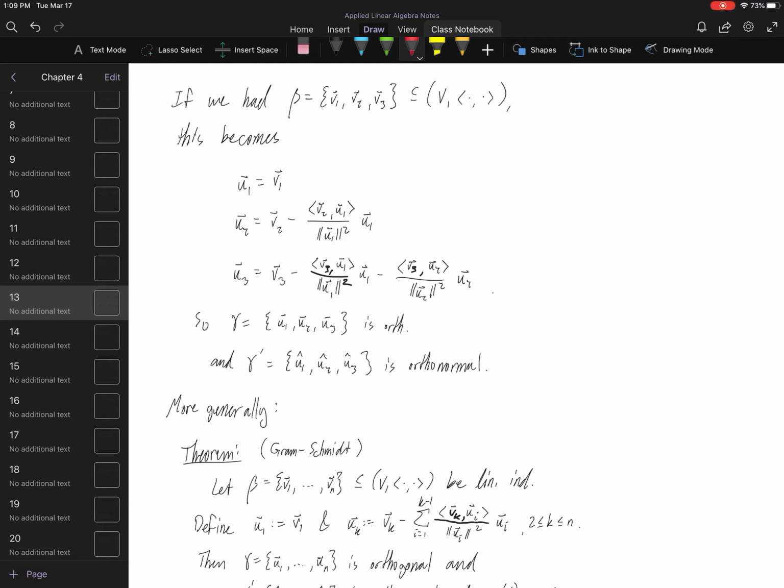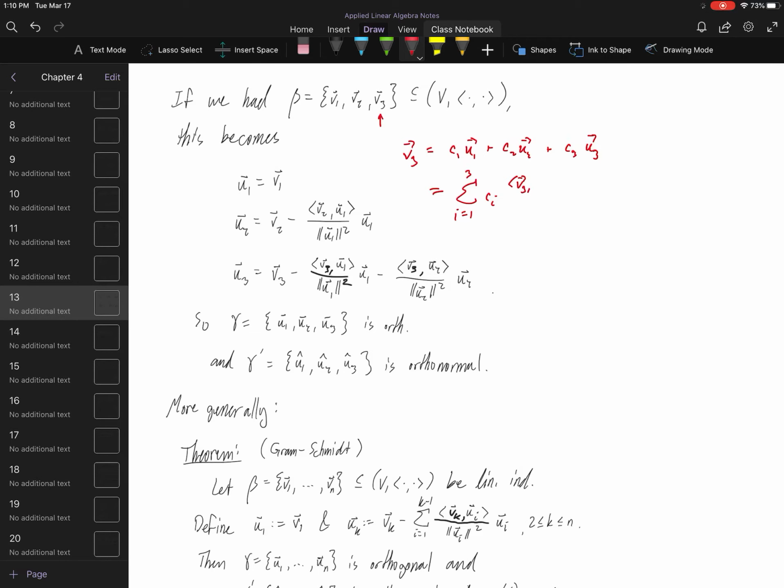Okay, and we can play this game ad infinitum, right? So we are going to do the same thing. We're going to say that V3, the third vector of our set here, is going to be some combination of U1, U2, and now this third vector, U3, that is orthogonal to both U1 and U2. Right? And in general, this is exactly our theorem.